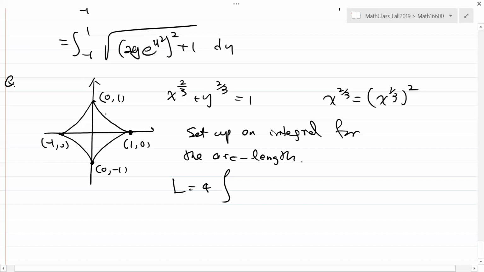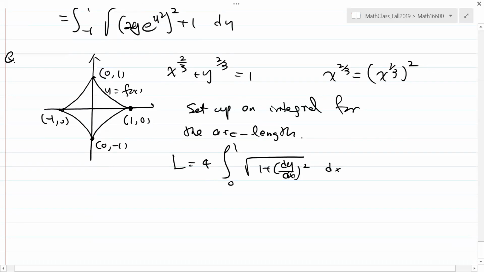And if you view this like y equals f of x, right? So that would be the integral of the square root of 1 plus dy over dx squared, dx, x from 0 to 1. That's one way to set up the integral.